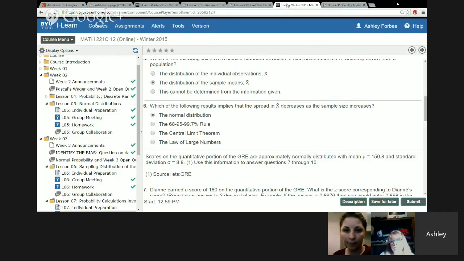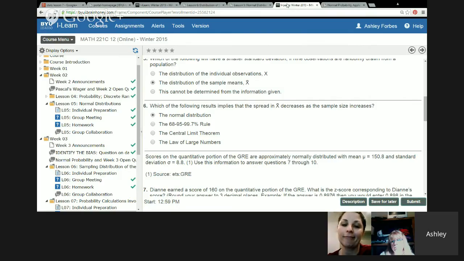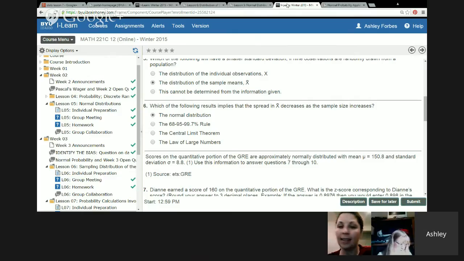Implies that a spread in, what is the X? Is the X with the line over it just the distribution? That's the X bar. We talked about it in lesson 6.